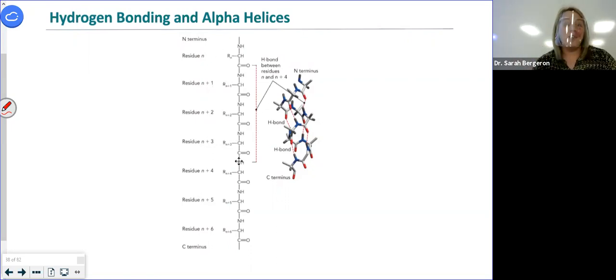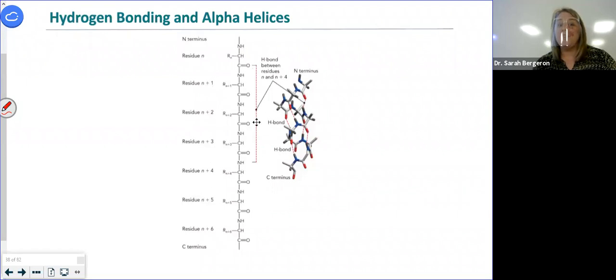This is the stretched out version of that phone cord. This is the coiled version of the phone cord. If you look at the carbonyl, the oxygen double bonded to the carbon, this is the oxygen that's carrying that partial negative charge. It's going to interact in a hydrogen bond with the hydrogen bound to the nitrogen of a residue that is 4 residues away.